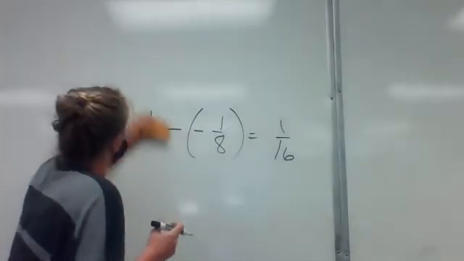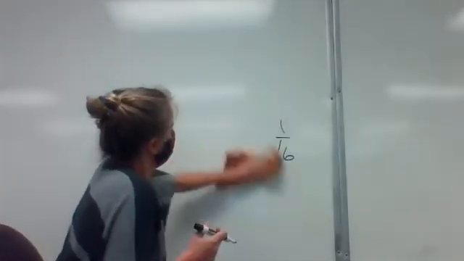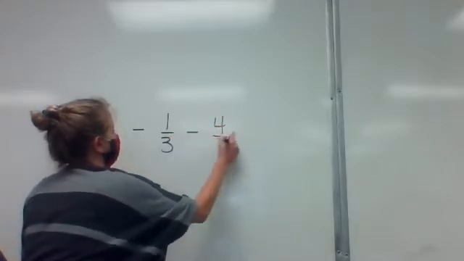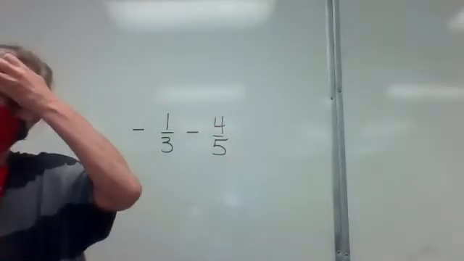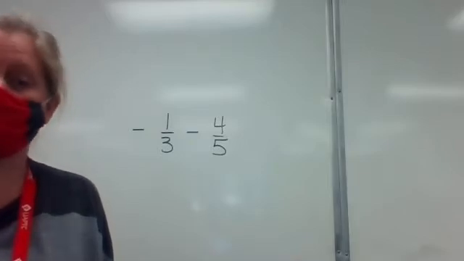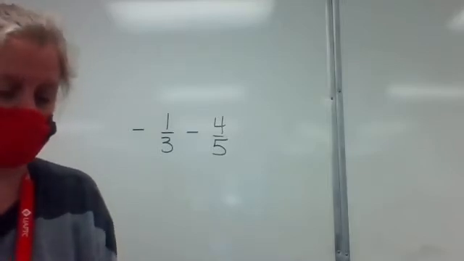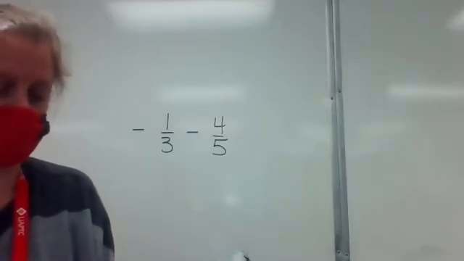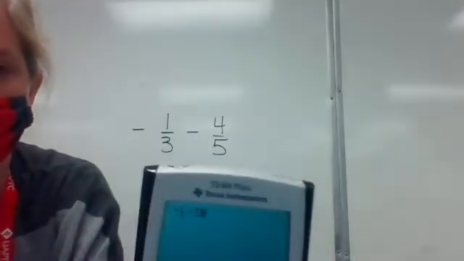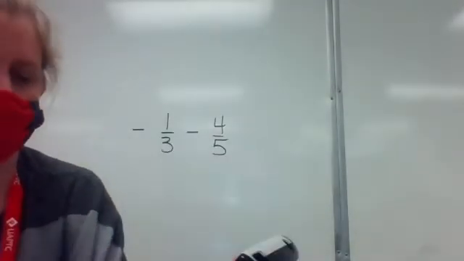All right, number 3 says negative 1/3 minus 4/5. Again, I'd have to get a common denominator before I could subtract that, so I'm just going to punch it in. Negative 1/3 minus 4/5.